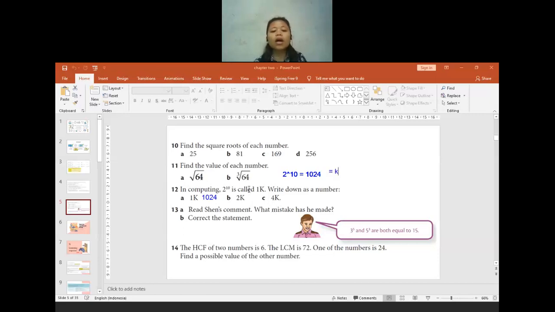Here it says that 2 to the power of 10 is called k. So I can change the k into 1024. That's why if later the question has 3k, we just do 3 times 1024. Is there anyone who has a question?